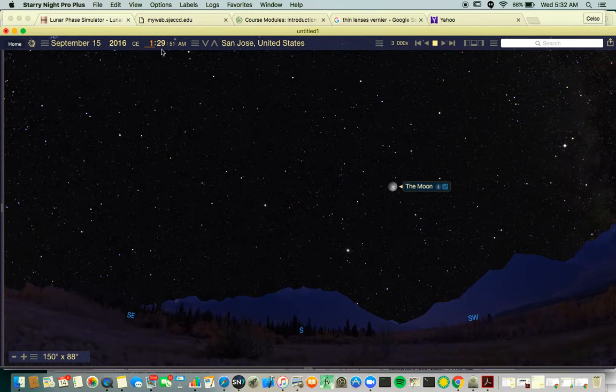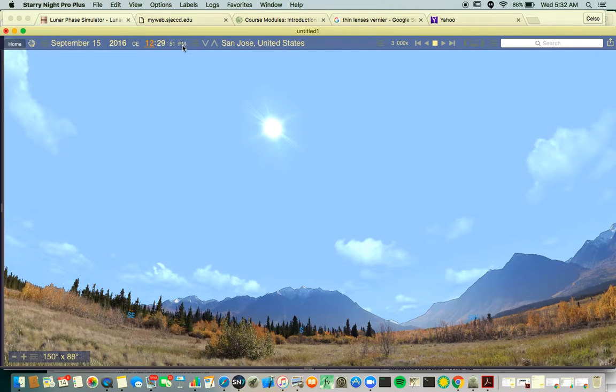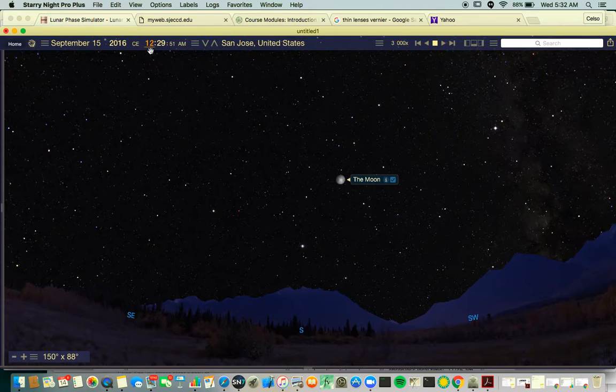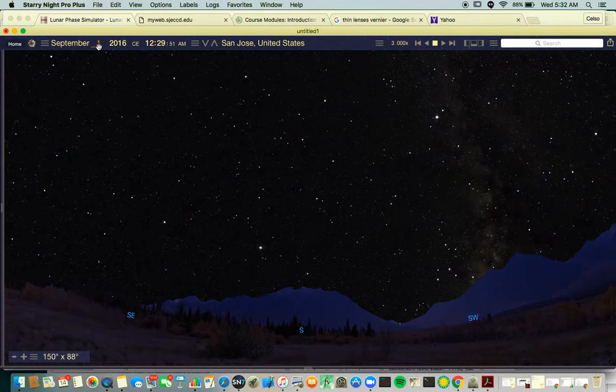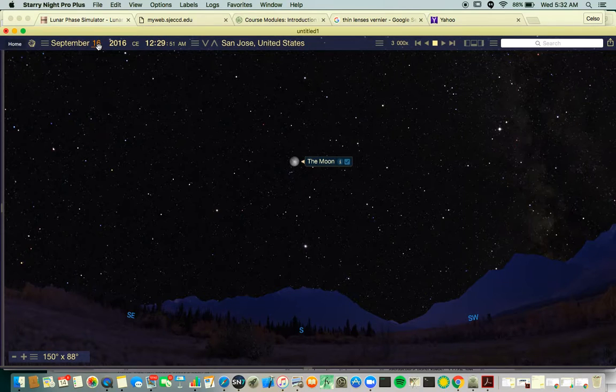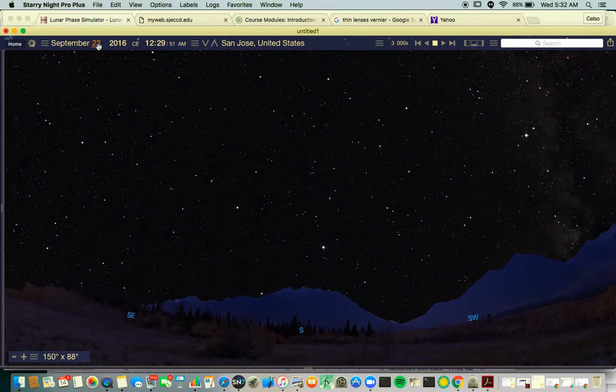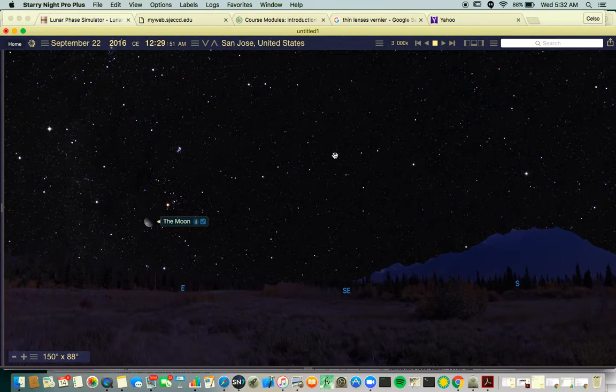If I go back to 12:29 a.m., where the moon is going to be 1 week after or the next day with respect to the original position, and where the moon is going to be 1 week later, with respect to the original position. Well, where's the moon? In which phase is it going to be? So this is what you have to do in Stellarium.